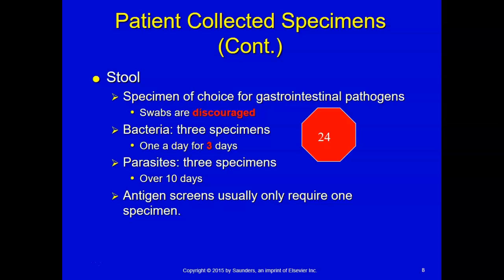And this also goes for sputum cultures. They quite often are ordered for 3 consecutive days or 3 sputum cultures. And especially when we're doing acid-fast bacteria, we need 1 sputum a day for 3 days. We cannot accept a sputum at 9:15, 9:30, and 9:45 in 1 day from the same patient. That's very important. Know that that means 1 a day for 3 days for stools and sputums.